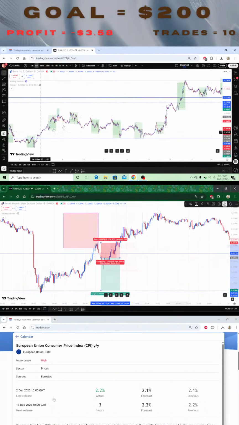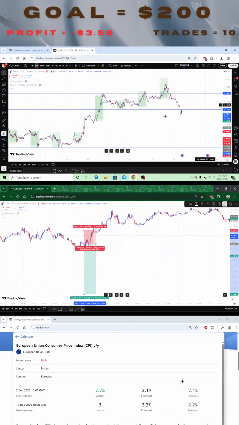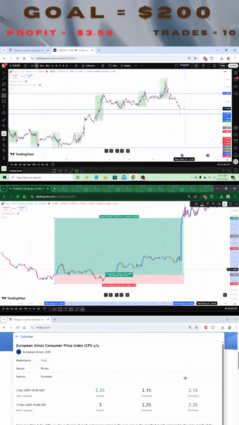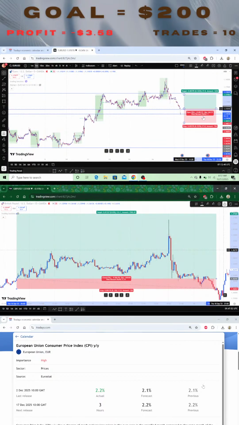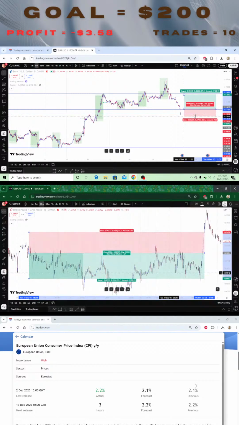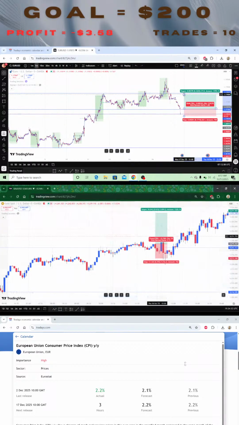Wait, I always forget to do something. If for any reason this place is going to be our bullish entry, the minimum is supposed to be 200 pips here, and the maximum is supposed to be 400.